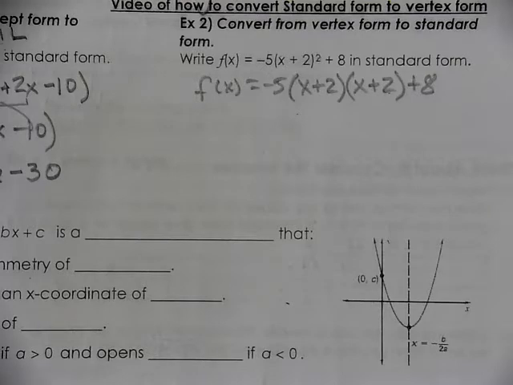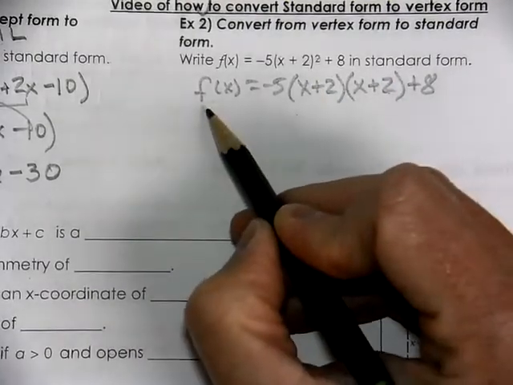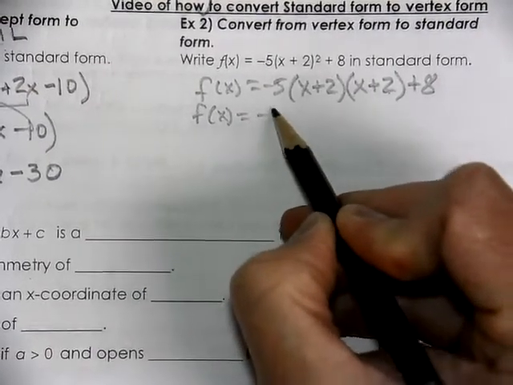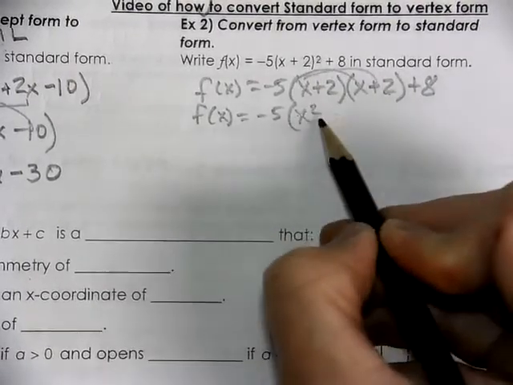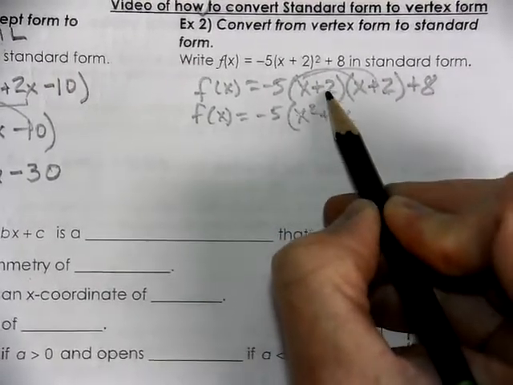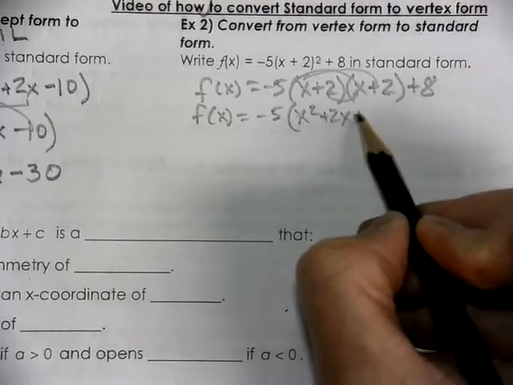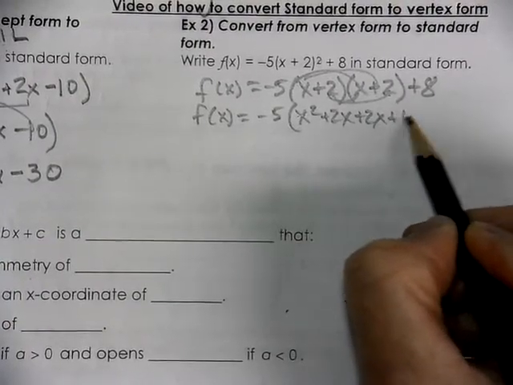Now it's similar to our intercept form, where we need to FOIL this. X and x gives us x squared. X and 2 gives us 2x. Again, 2 and x gives us 2x. And 2 and 2 make 4.